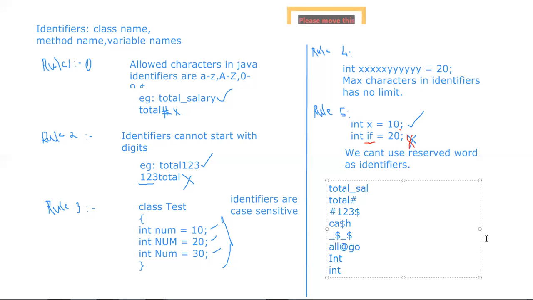So these are my identifiers now. I want you to look into this and say which of these identifiers are valid and which of them are invalid.